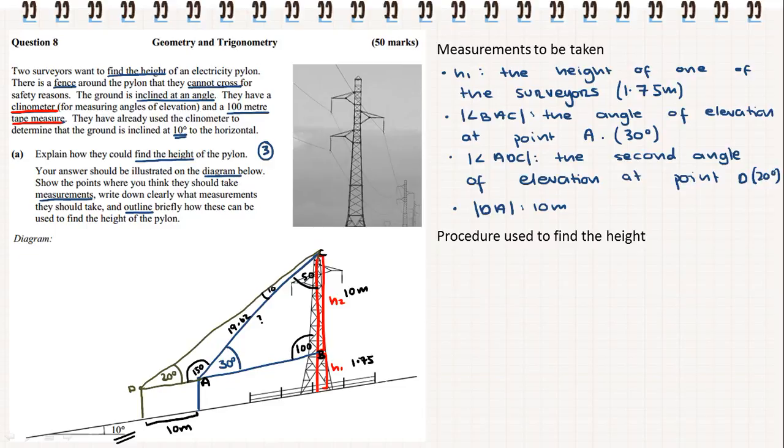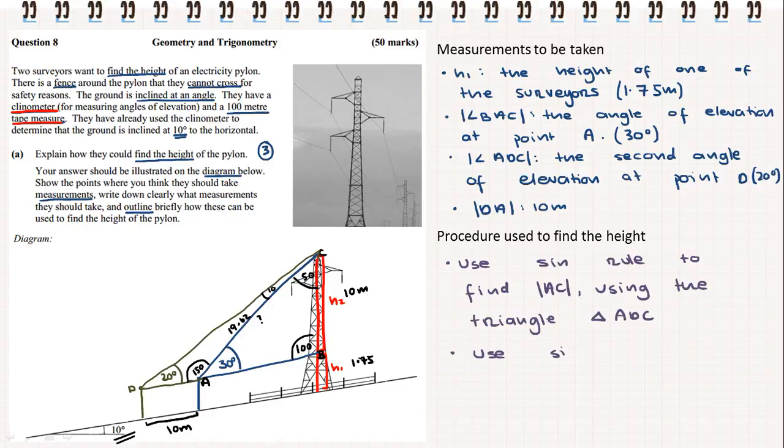Okay, now let's go through the procedure that we used to find the height. So we used sine rule to find AC, and we'll even say using the triangle ADC. Then we use sine rule to find BC using, this time, the triangle ABC.